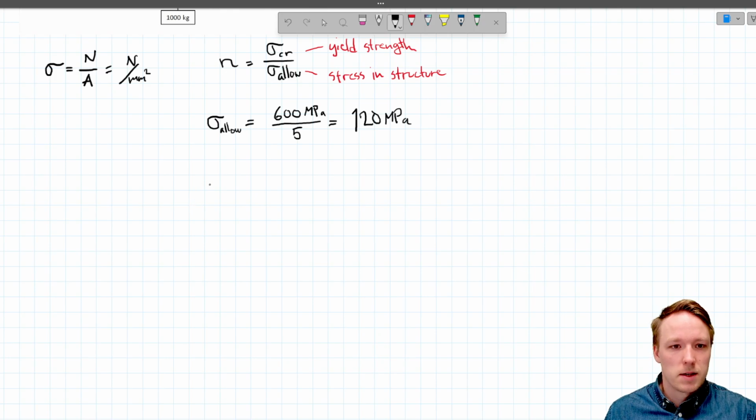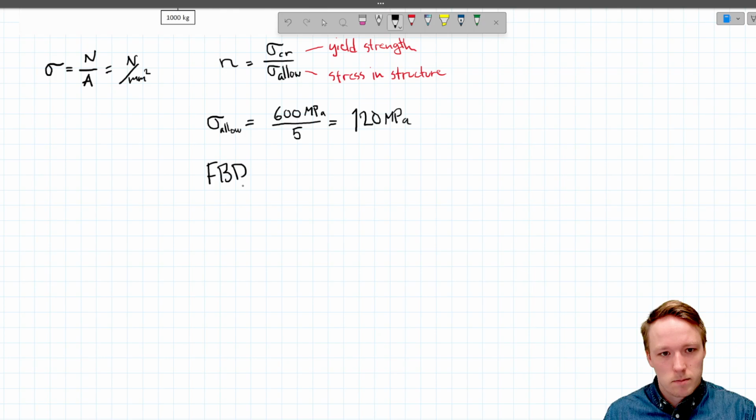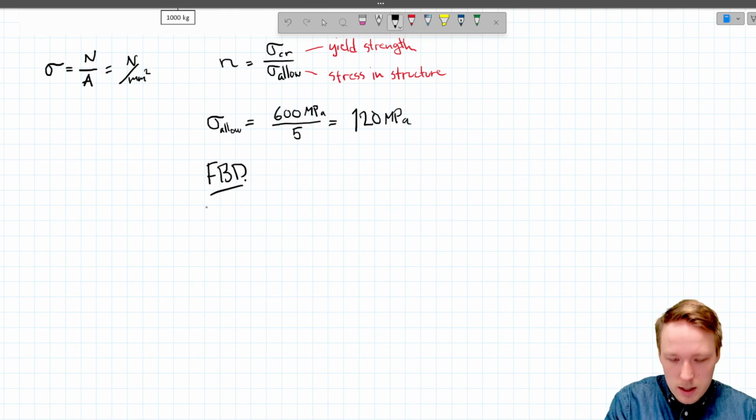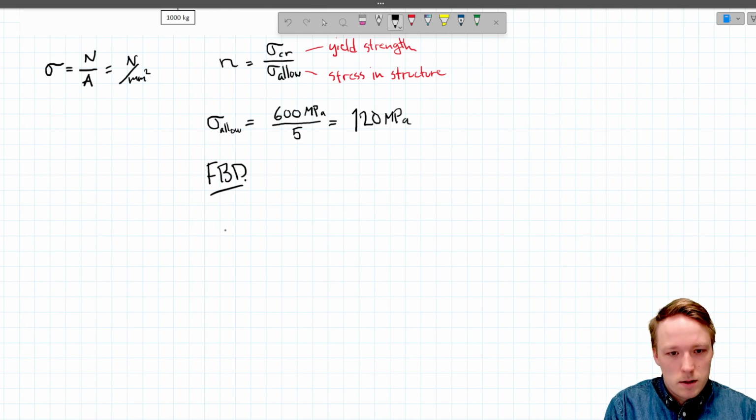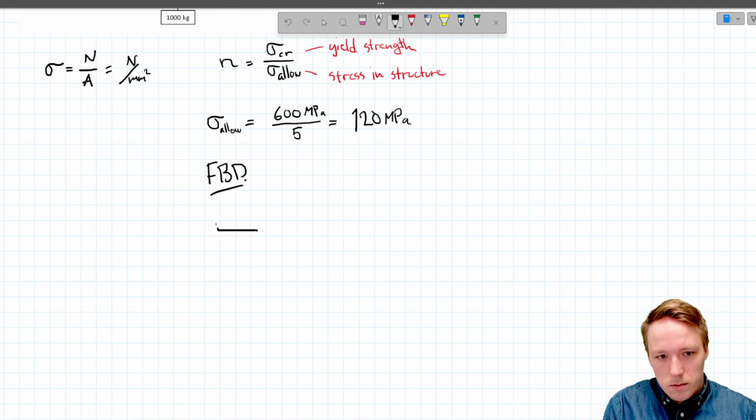Well, it's the free body diagram. So we have done this before. Free body diagram, FBD. Okay, so in this example, let's draw it in here. Let's make it like this.